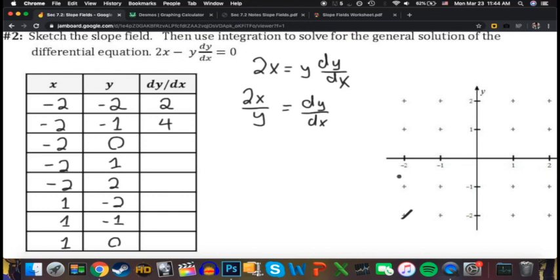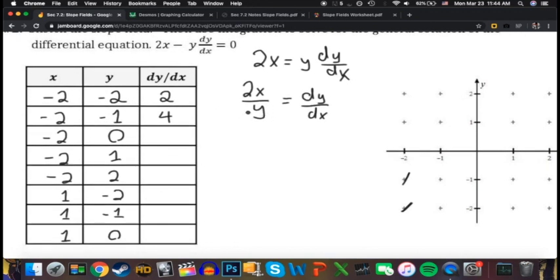So this time our slope is getting a little bit more vertical. If you plug in, say, y this time, notice when y is equal to 0, your slope does not exist. And whenever you have a slope that doesn't exist, you just have a vertical line to represent this scenario here.